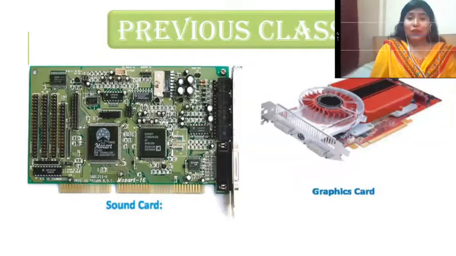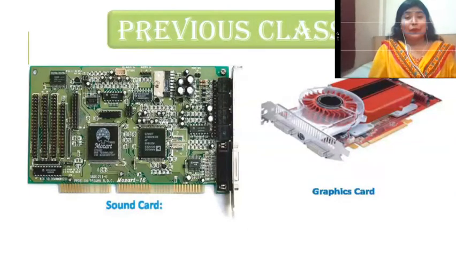And my dear students, every graphics card has a 2D image system, that is two-dimensional. But nowadays, you know that 3D is also available in graphics cards. 3D means three-dimensional system. So that's all about our previous class.